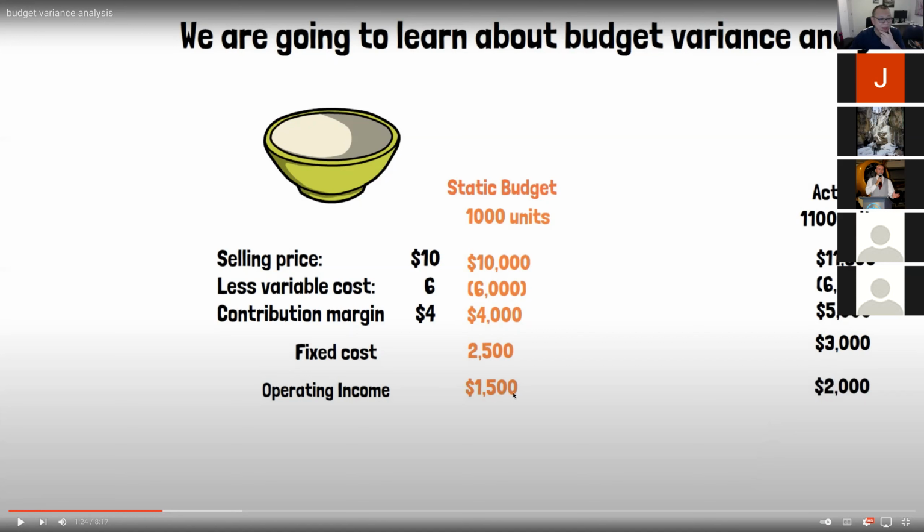You are happy that you have more money in hand. Your plan was to make 1,500, but you are making 2,000. So this is a favorable variance. What's the name of this variance? This is the static budget, and this is the actual result. What's the name of this variance? This is level 0, the top level variance. What is it?